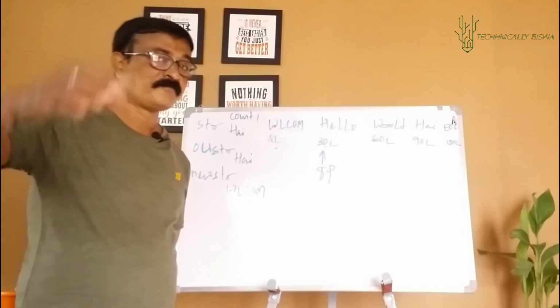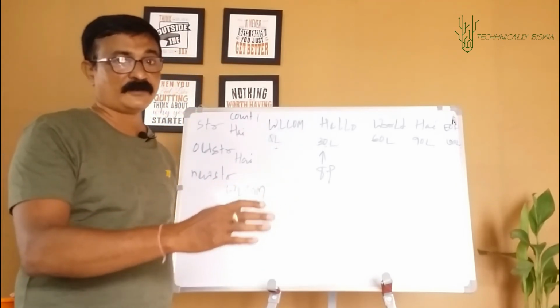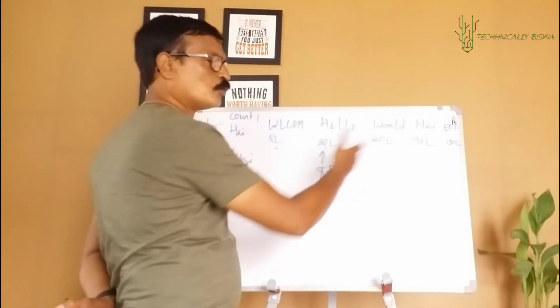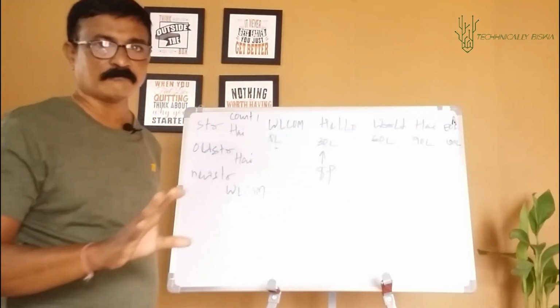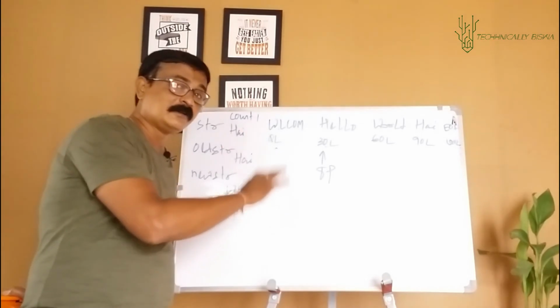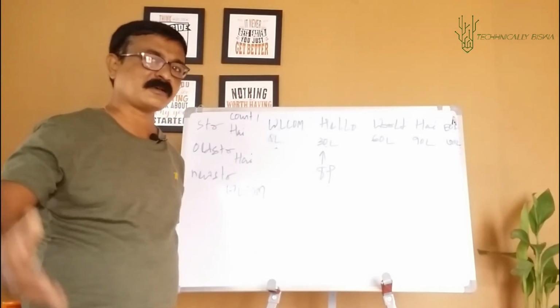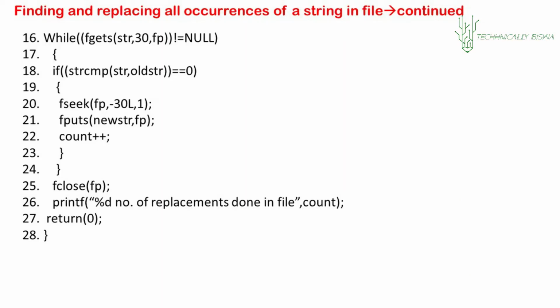Got this? So what will happen at the end of it all? How many replacements are done, 2, 3, whatever it is. This is just an example. Alright, so that many replacements you have already done in the file, and then close the file. Let's have a look at the slide once again before we finish up. Got it?